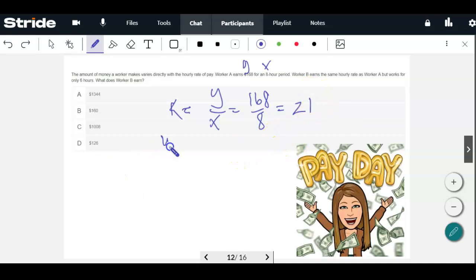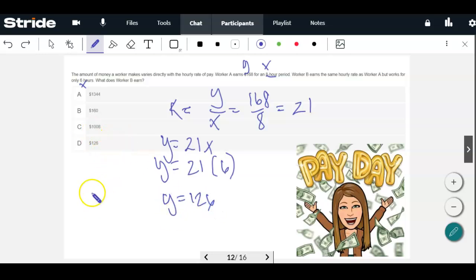So that would be y equals 21x. Worker B earns the same hourly rate as worker A, but works for only 6 hours. And our hours is our x value. So we would do 21 times the 6, and that comes out to 126. So it's D.